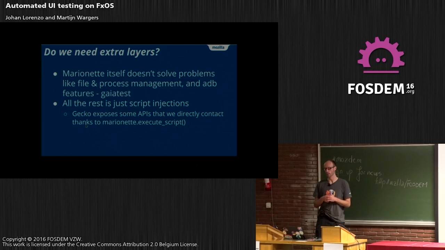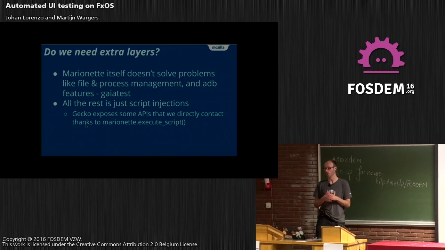And we also need some more interaction with our Gaia system. So we need the ability to inject scripts directly into Gaia. Marionette can do quite a bit, but we are still lacking in that sense.